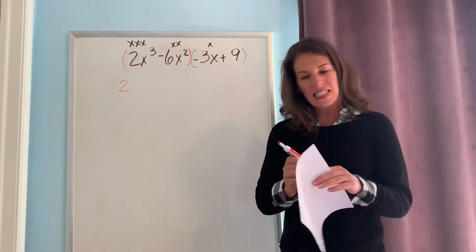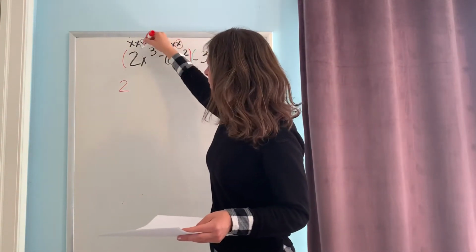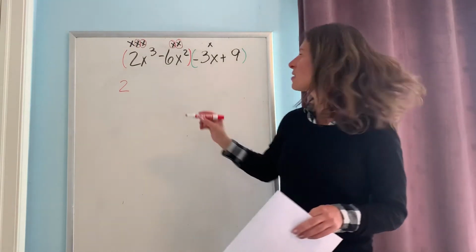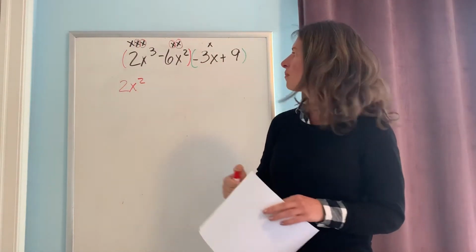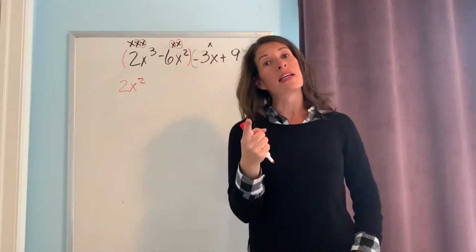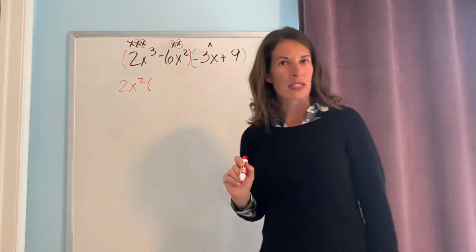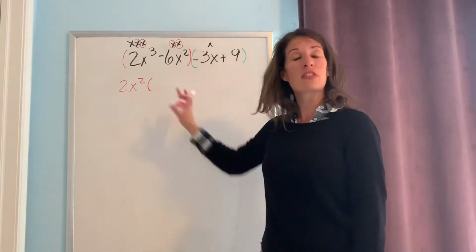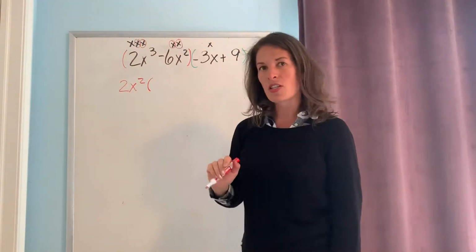So how many x's can I take out? Well, how many do I have in common? I have 2 x's in common. So that means it's going to be an x squared. So I have taken out my number and my variable, which means I'm going to start my parentheses. I have 2 terms inside my parentheses, which means I'm going to need 2 terms inside my parentheses here. 2 divided by 2 is 1.